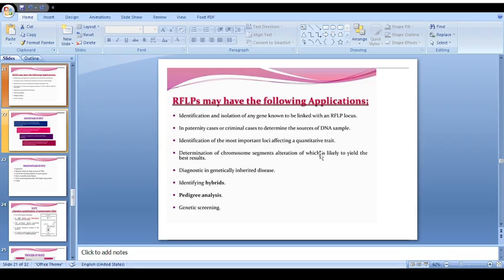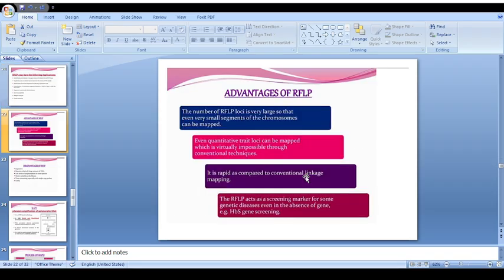It is also useful in identifying loci affecting quantitative traits, and in determination of chromosomal segments, which yields the best result. In diagnostic genetics, it can be helpful in identifying genetically inherited disorders. It is useful in identifying hybrids, pedigree analysis, and genetic screening. So these are the advantages of our RFLP.